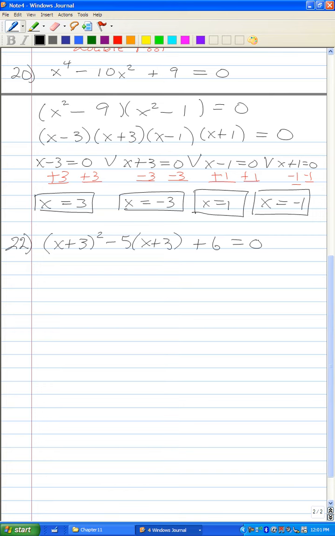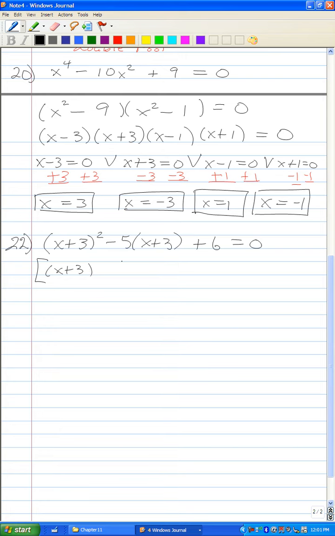Okay, so this just looks like a squared minus 5a plus 6. So I can factor this. It's a monic quadratic in the variable x plus 3. And so I can factor this.